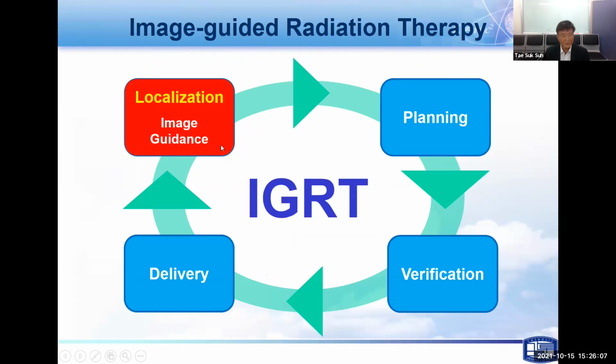So image guidance is a direct method for localizing a moving target. Although 4D MRI and 4D PET are used to evaluate the motion of the target, 4D CT is typically employed to obtain a more accurate localization of a moving target.